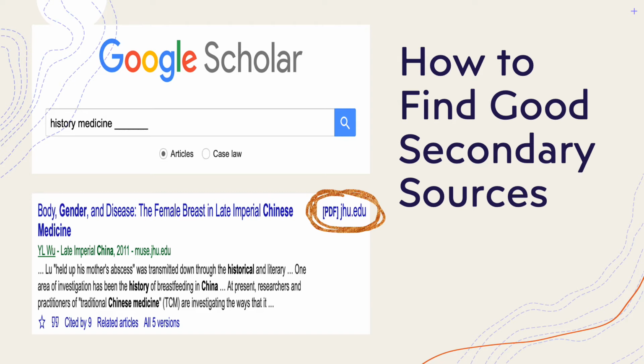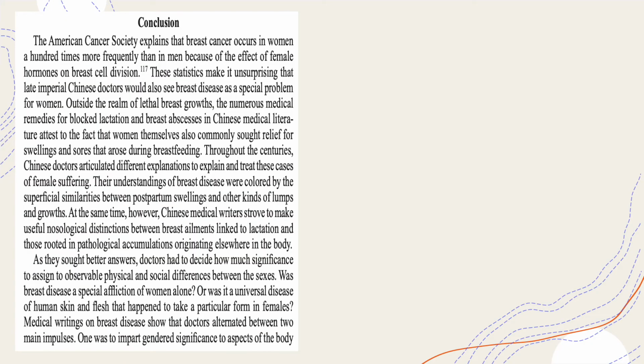Of course, I still have to ask myself, is this something that's good for my research? Does it actually address the kind of question that I'm asking? In order to do that, I should click on that article, and it'll come up. Now, sometimes when you look through the article, it'll begin with a nice little abstract that basically tells you what the author's research question is, what their main argument is.